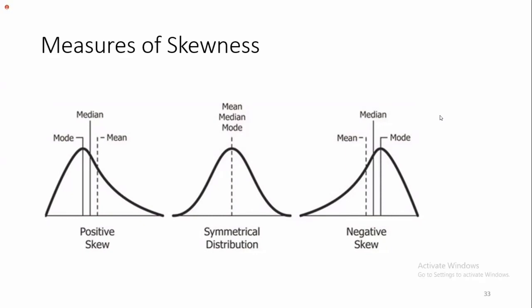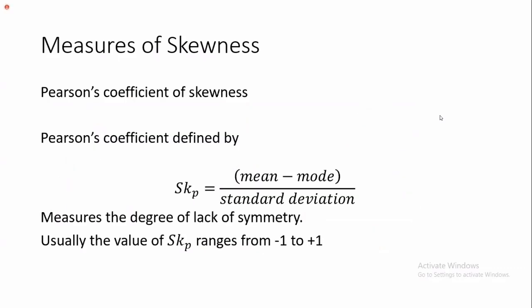Pearson has defined the coefficient of skewness, Pearson's coefficient of skewness. It's defined as mean minus mode divided by the standard deviation for a particular data set. If you find the mean, mode, and standard deviation, we can find Pearson's coefficient of skewness using this formula: mean minus mode over standard deviation.